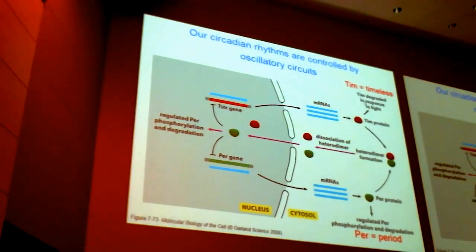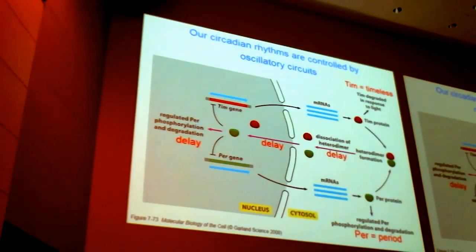This protein usually gets degraded in response to light. So let's say daytime it gets degraded. If not, when it accumulates to a high enough level, you get this dimerization that's formed with enough of them. With a certain delay, they'll dissociate, then they'll go back into the nucleus and inhibit their corresponding expression.